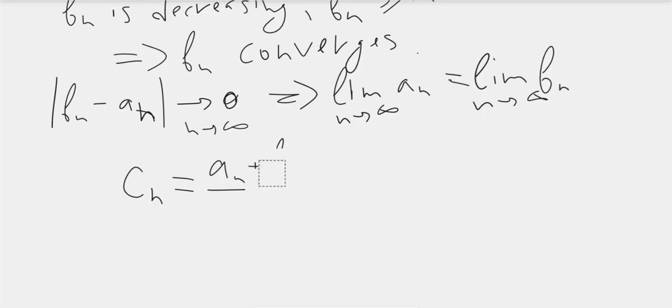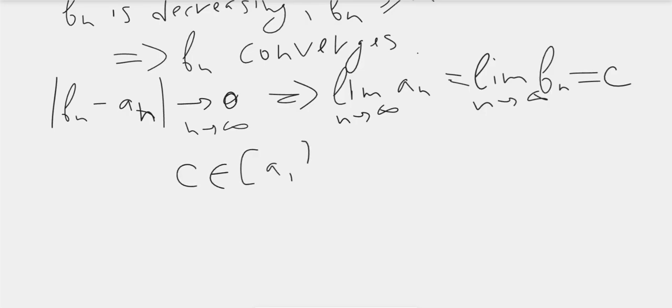Okay, so let's denote this limit by c. We know that c, of course, is in the interval from a to b, because all an and bn are in the interval.